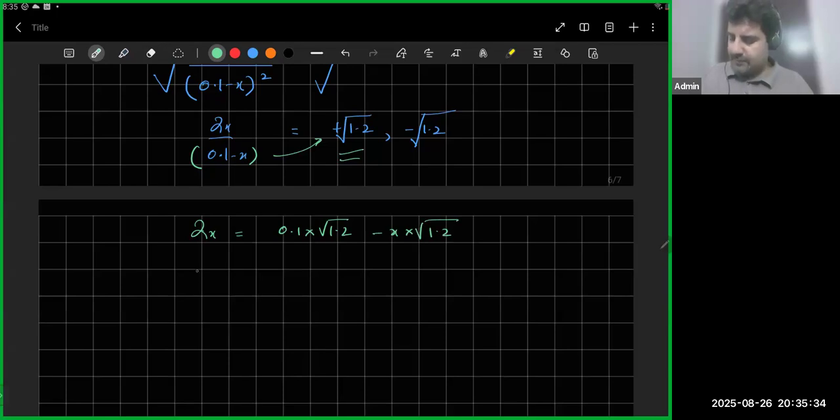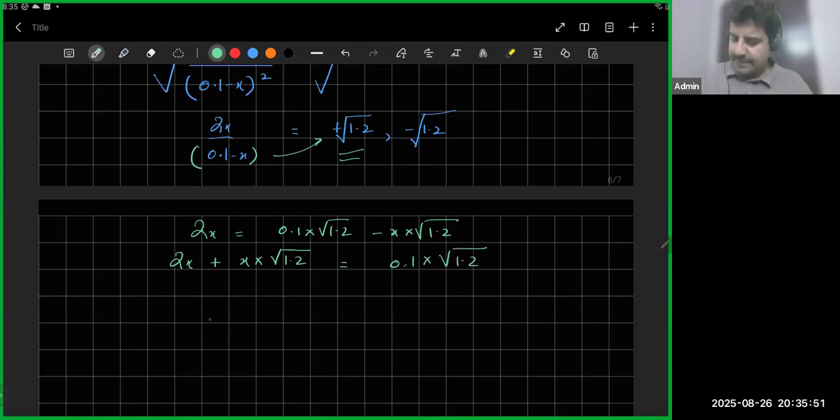Then we're going to gather all the x's, so it's going to be 2x plus x times 1.2 under root on one side. On the other side, I'm going to have 0.1 times 1.2 under root.